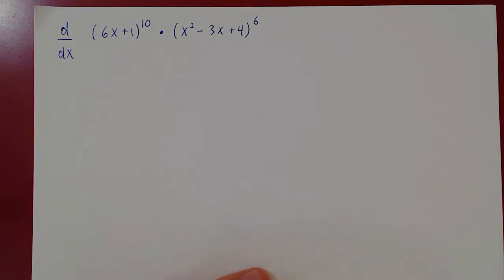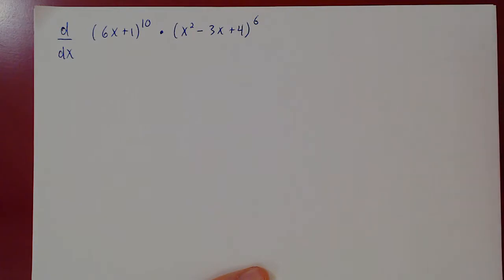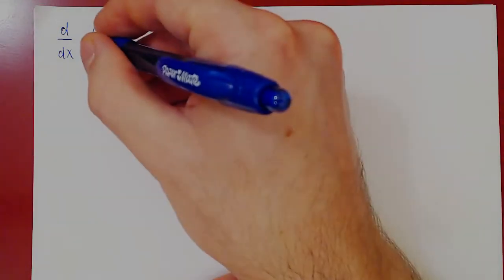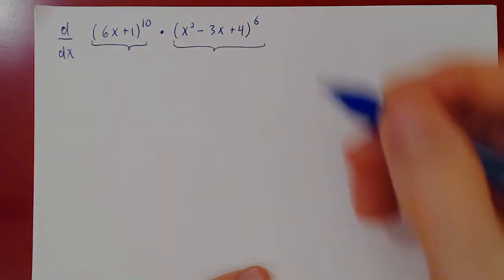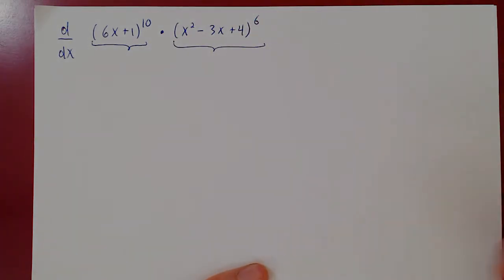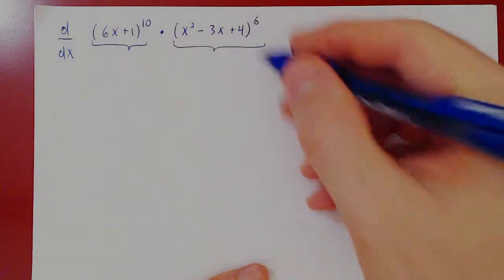So right away here we have to find the derivative of this product, so we have to use the product rule. So this is the first function. This is the second function. And if you remember, the product rule says all you need is a derivative of the two individual functions.